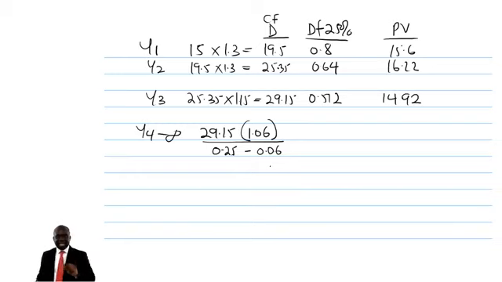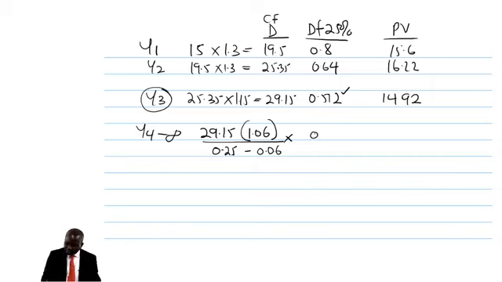A figure in year 3, I have to discount it using the discount factor of the base year. The base year is year 3. Discount factor of year 3 is 0.512. So I will say 29.15 times 1.06, divided by bracket 0.25 minus 0.06, all multiplied by 0.512, and that will give me 83.26.